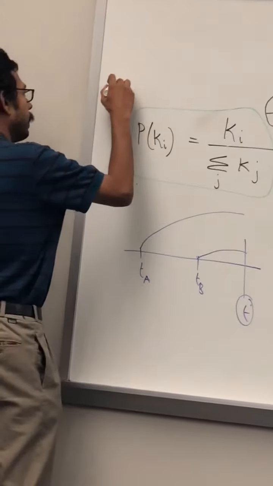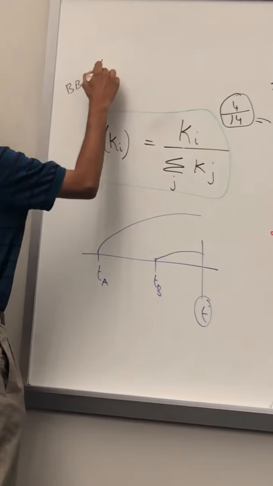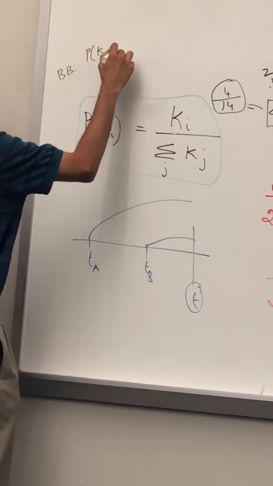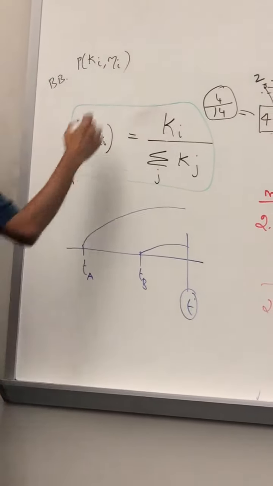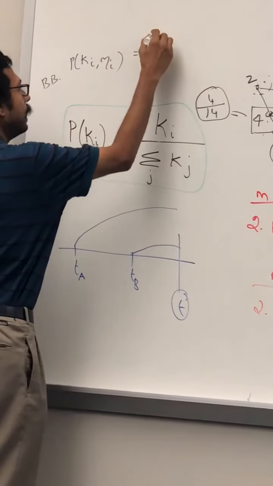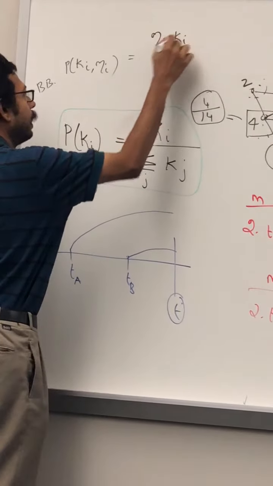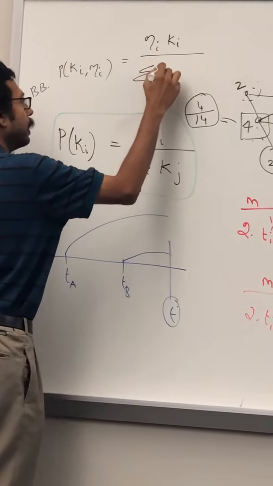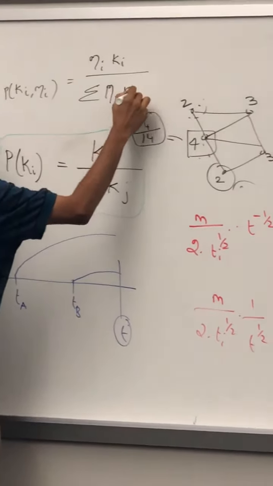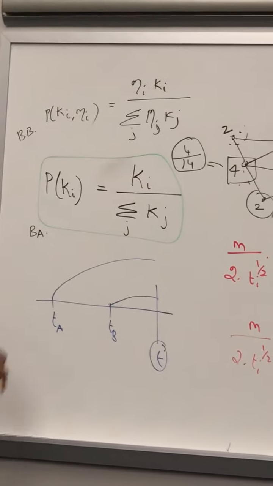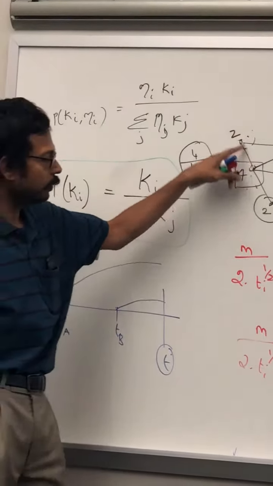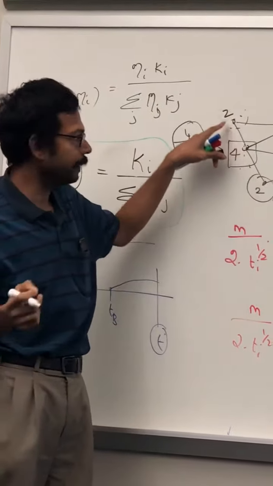So in the BB model, the probability is going to be a function of both Ki as well as eta i. So it is eta i times Ki divided by summation of eta j kj for all nodes out there. Which means each of these nodes has some degree as well as a fitness.